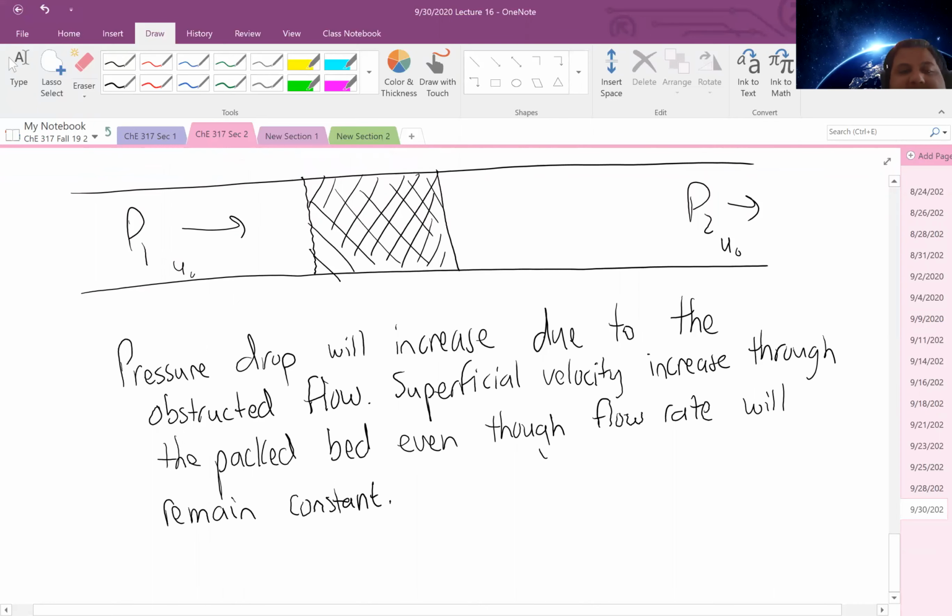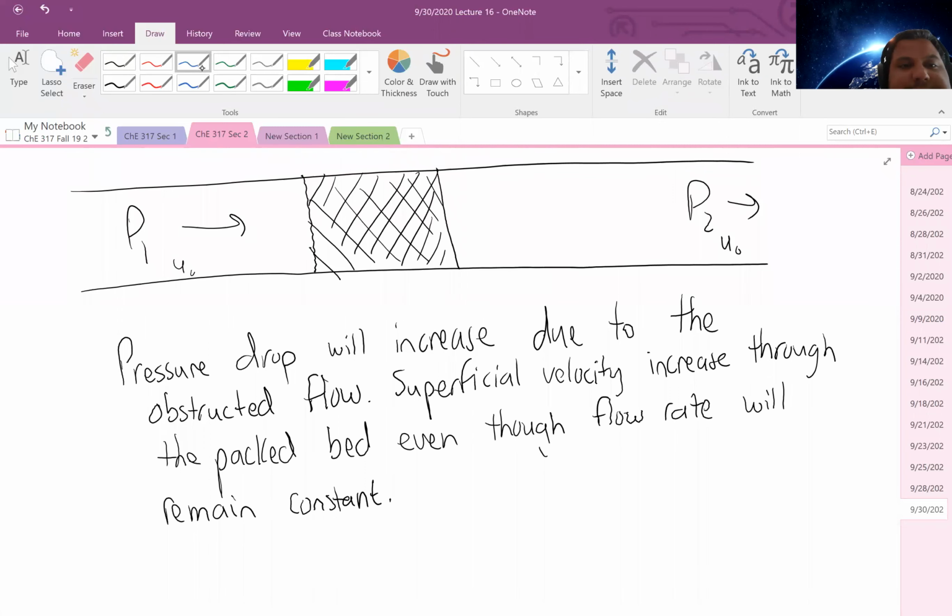And so what that means is the fluid in the system, let me make it blue, will come and approach the packed bed at some mean velocity u sub naught.